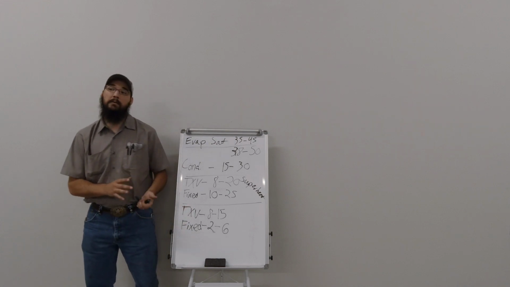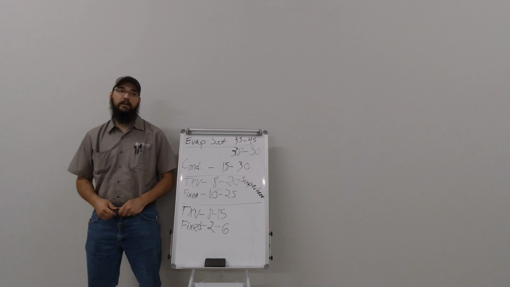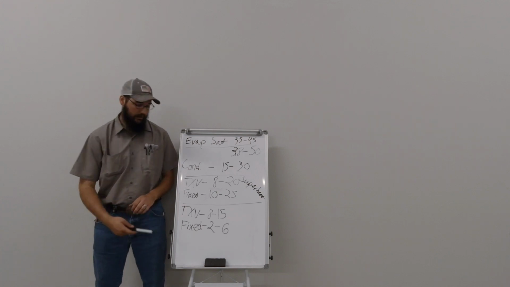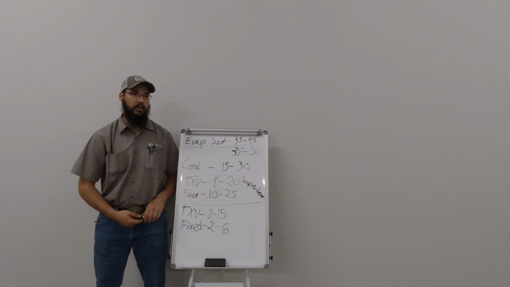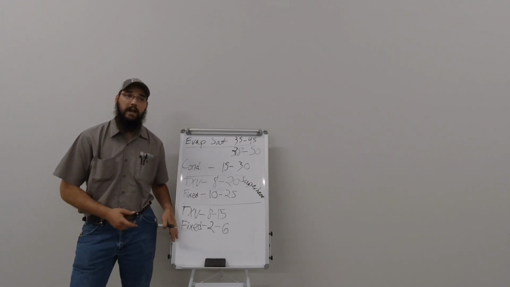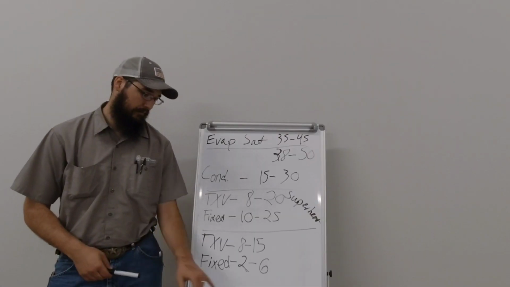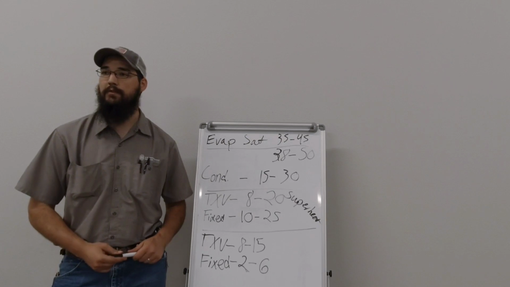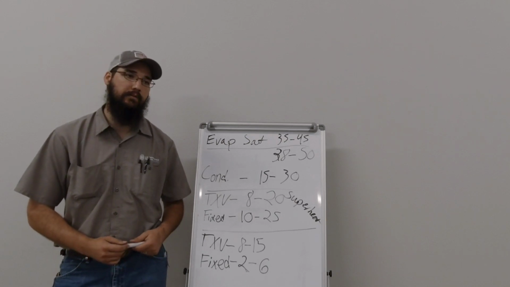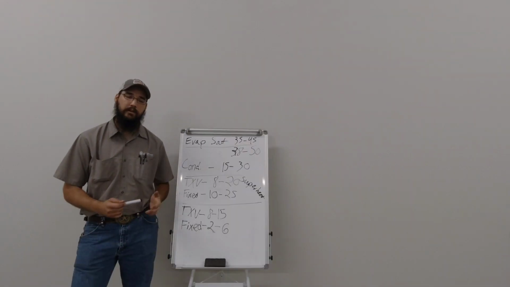This is again going to come back to the load, especially on a fixed bore. High load is going to equal a high subcool. Lower load is going to equal a lower subcool. It still has a purpose. It has a meaning. Most of the time, if it ever goes above 6, you start flooding. You start overpowering that fixed bore device, and it can't contain it or control it. So you have to be really, really careful with that.